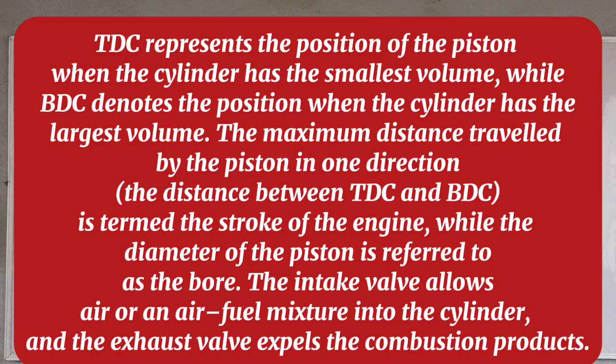Now, the maximum distance traveled by the piston in one direction, that is, the distance that lies between the TDC and the BDC, is termed the stroke of the engine, while the diameter of the piston is referred to as the bore. The intake valve allows air or an air-fuel mixture into the cylinder, and the exhaust valve expels the combustion products.